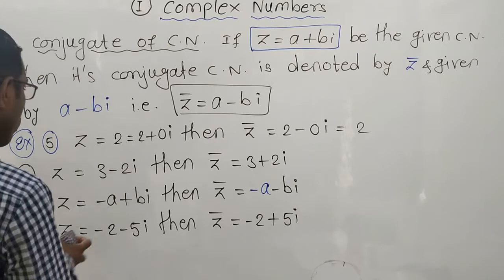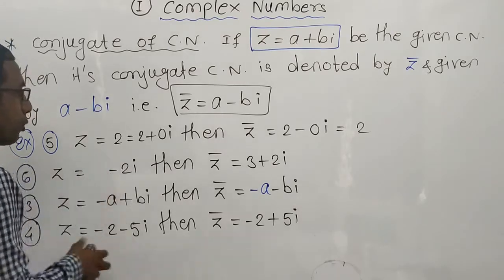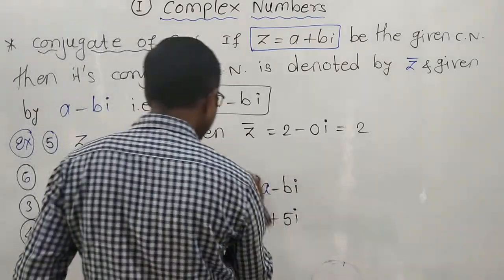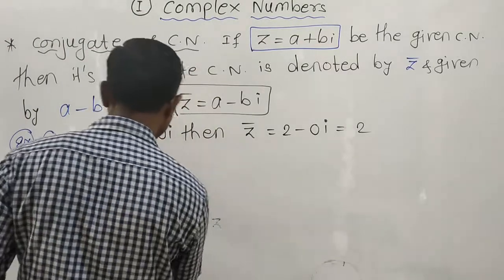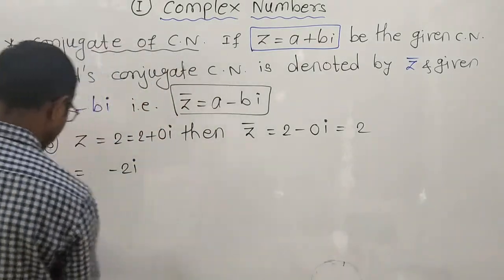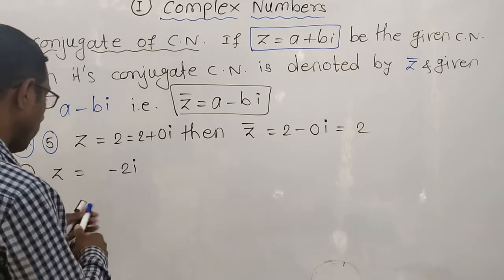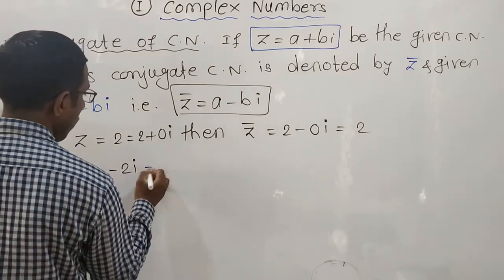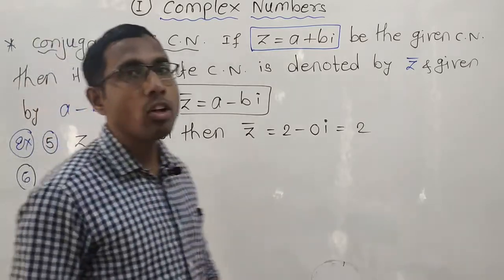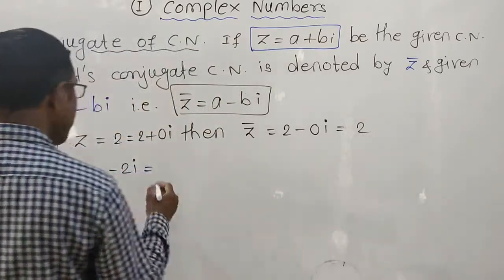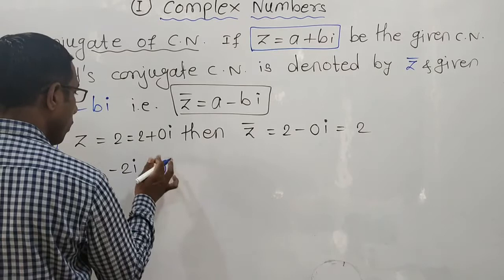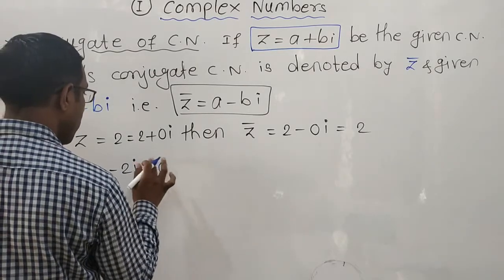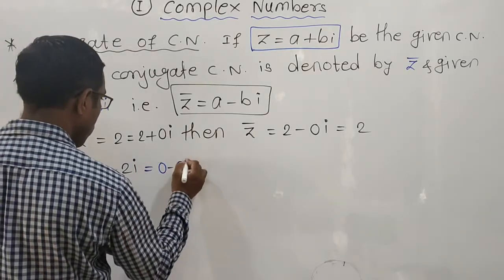So z is equal to minus 2i. Then how to write it? First of all, I can write like this, in the format of a complex number. So it is 0 minus 2i.